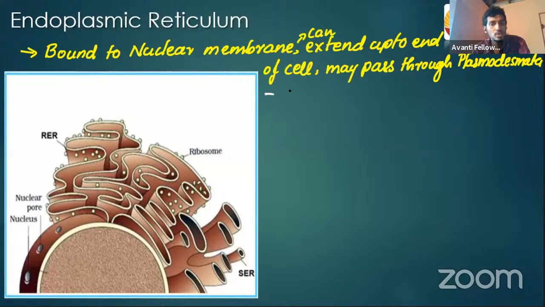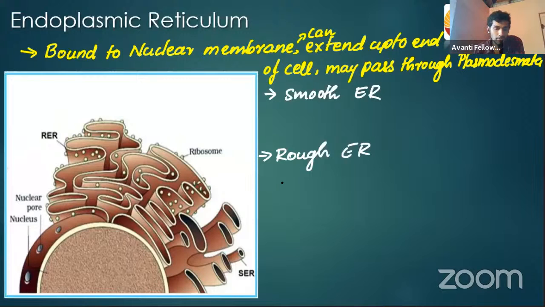You can find 2 different kinds of endoplasmic reticulum. One is the smooth endoplasmic reticulum, and the other is the rough endoplasmic reticulum. Why do we call it this way? The rough endoplasmic reticulum is bounded by ribosomes.